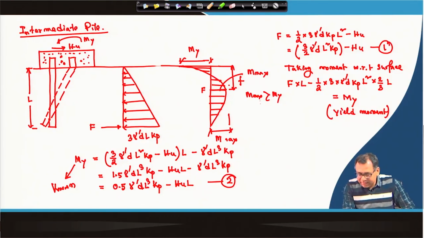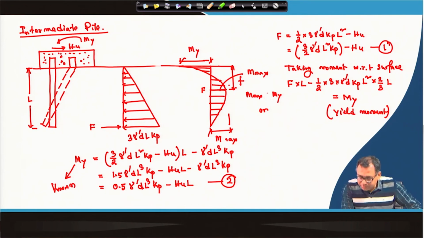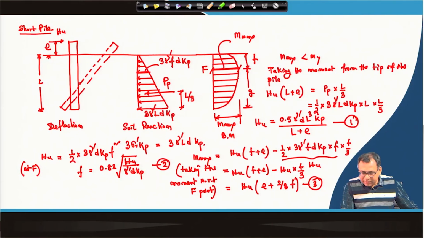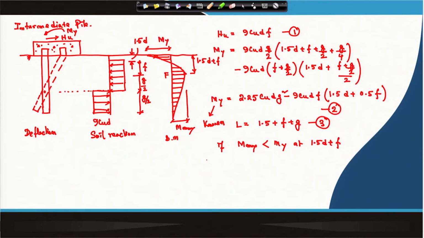So, for the intermediate piles, you can see that M max should be less than M y.